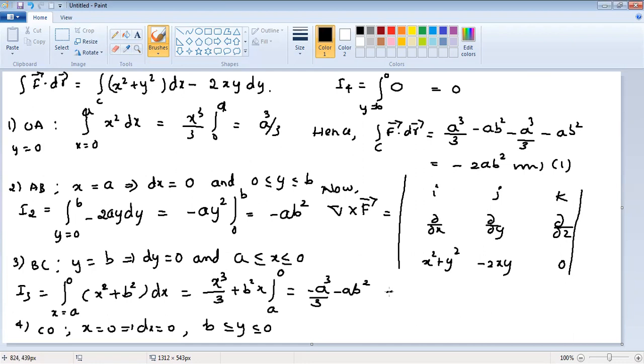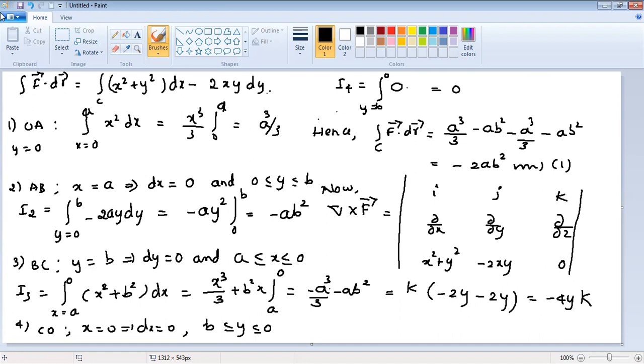When you open the determinant, since it is 0, for k only we get dou by dou x of minus 2xy, which is minus 2y, and dou by dou y of x square plus y square, which is 2y. So the result is minus 4y.